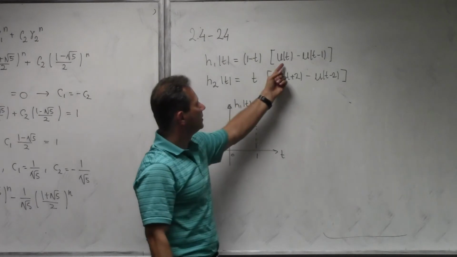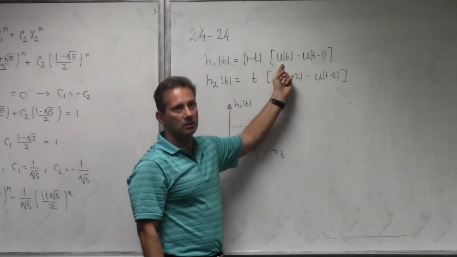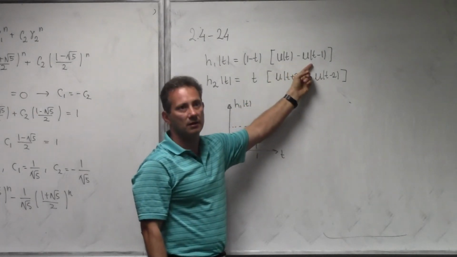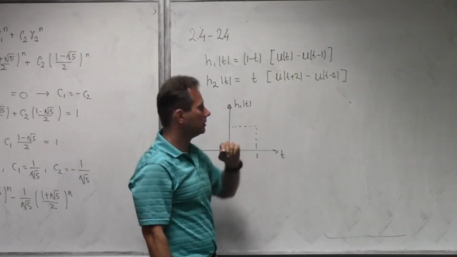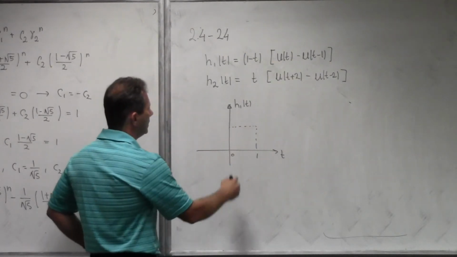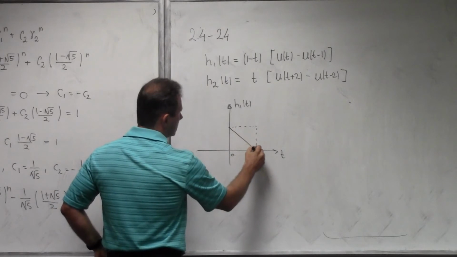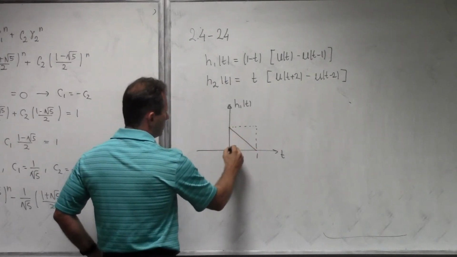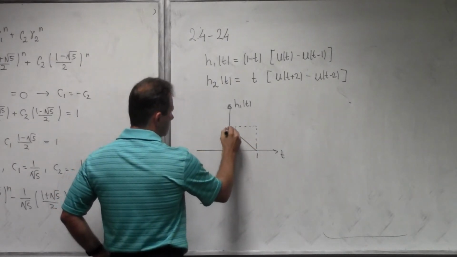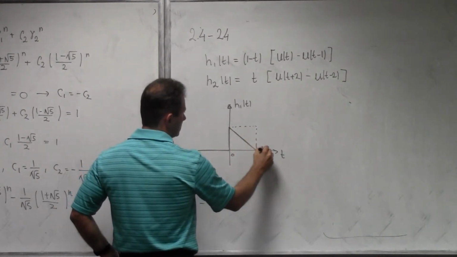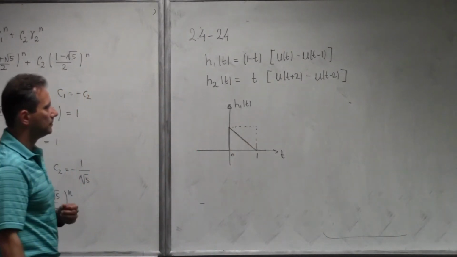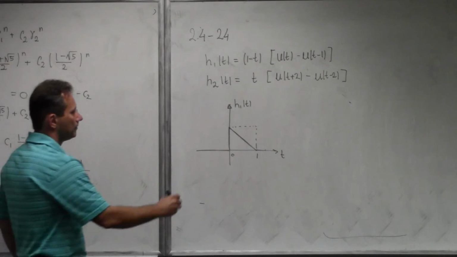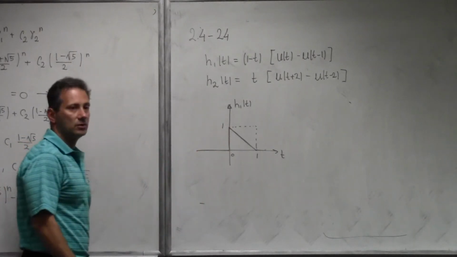This cuts everything before 0. This cuts everything after 1, right? So we have this box. And within this box, this is how H1 of t looks. It's this triangle that is between 0 and 1, with the highest magnitude here of 1.